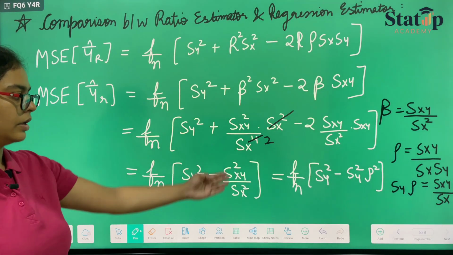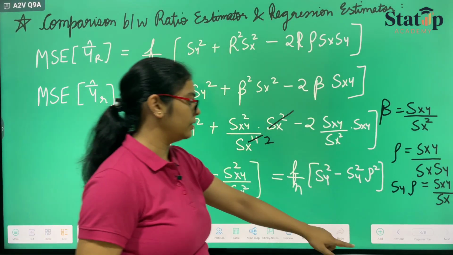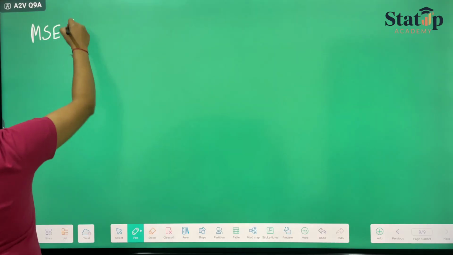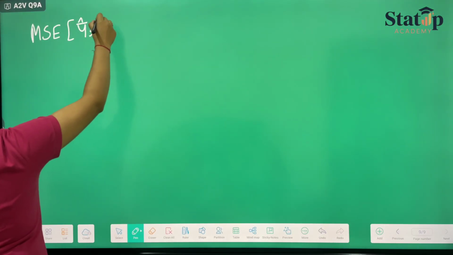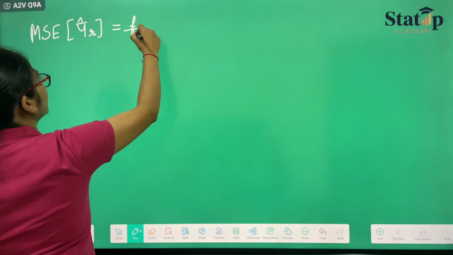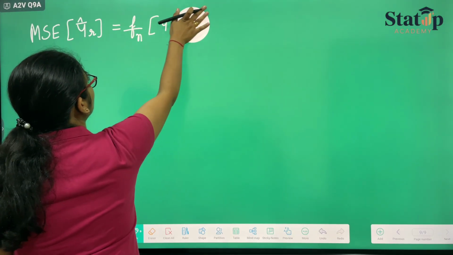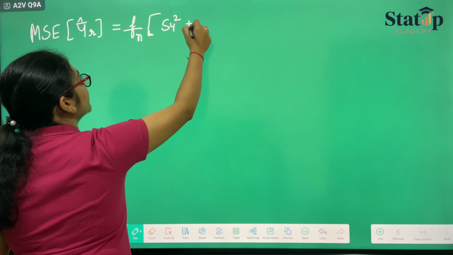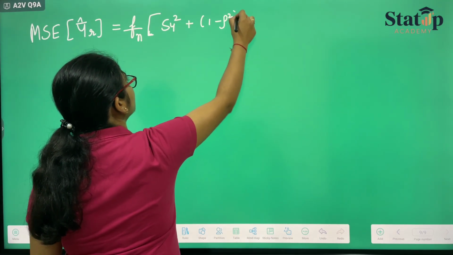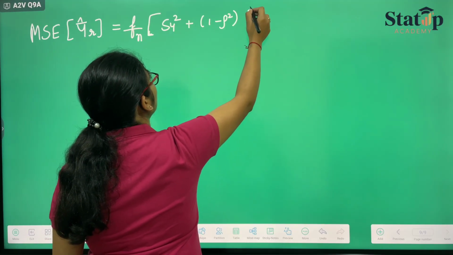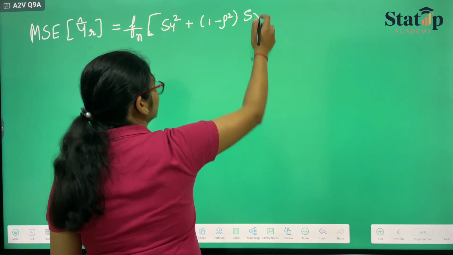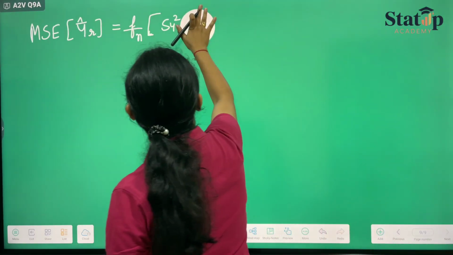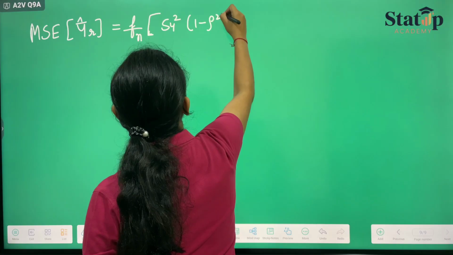Taking the square because here the term is in square, so it will be this. So our final mean square error of regression estimator would be f by n into Sy square into 1 minus rho square.